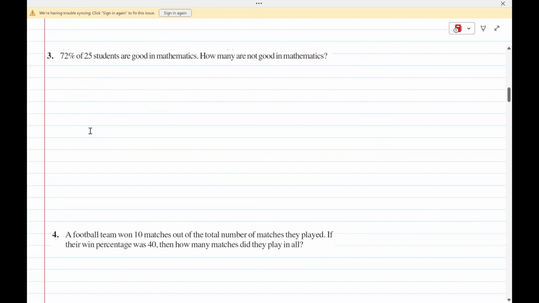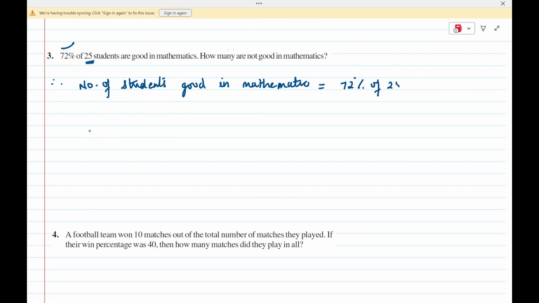Question number 3. What does it say? 72% of students are good in mathematics. How many are not good in mathematics? So I have total 25 students, correct? The number of students good in mathematics is 72% of 25.